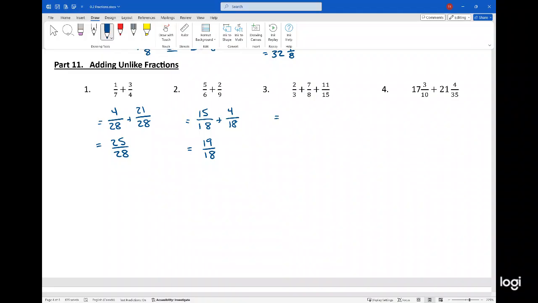So 15, 30 is a multiple of 3, but it's not a multiple of 8. 45 is not a multiple of 8. 60 is not a multiple of 8. 75, nope. 90, nope. 105, no. 120, yes, hey, 120 works. All of those are divisible by 120.